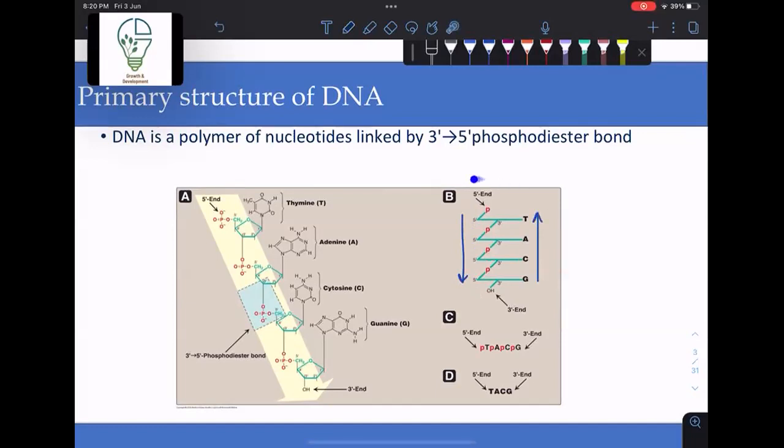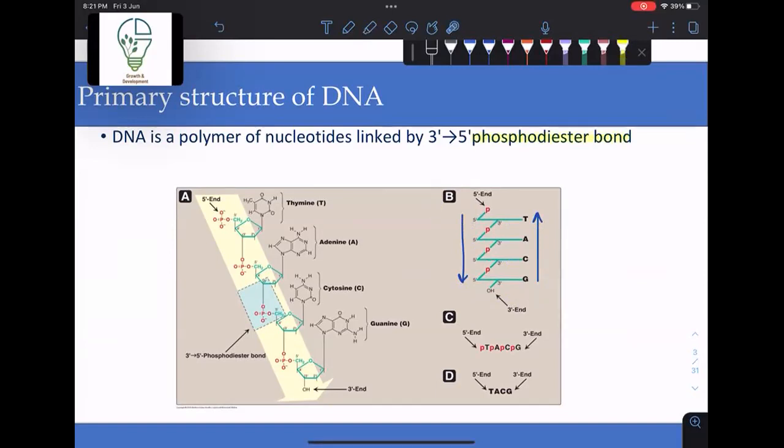A DNA molecule has a double helical structure, and each strand is joined together by a special bond called the phosphodiester bond, okay?